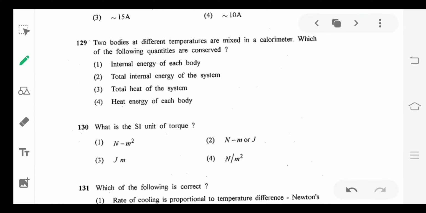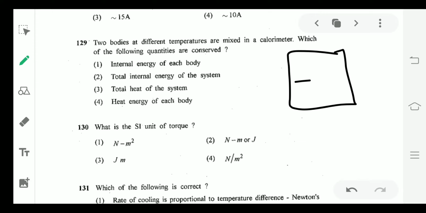Next, two bodies at different temperature are mixed in a calorimeter. Which of the following quantities are conserved? Here it is given that in a calorimeter two bodies are mixed.